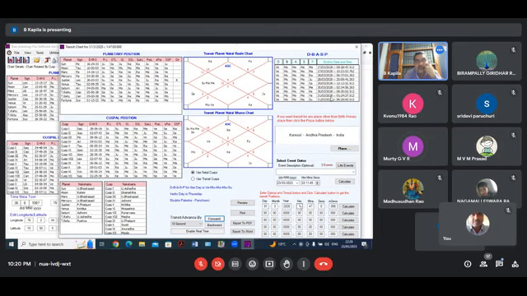Is it okay now? Yes, sir. Midnight. Now another point here is that the moon star lord should also link to the ascendant sub-lord.